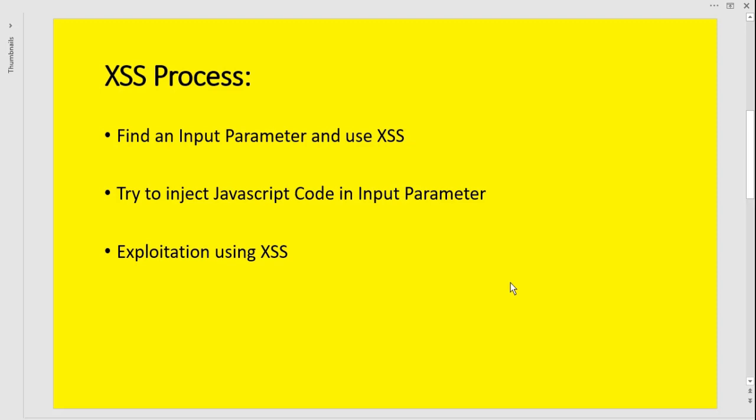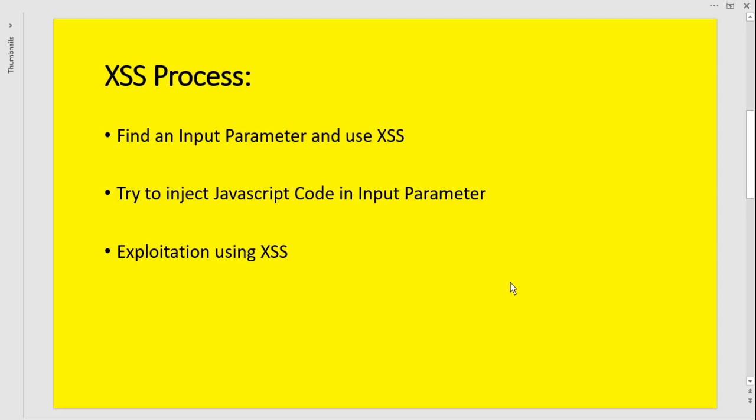First of all, we will find an input parameter and then we will try to run an XSS script in that input parameter. Now what I mean by input parameter: if you visit an e-commerce website, you will find a search bar to search for the different products. So we will try to run XSS on that search bar, okay?